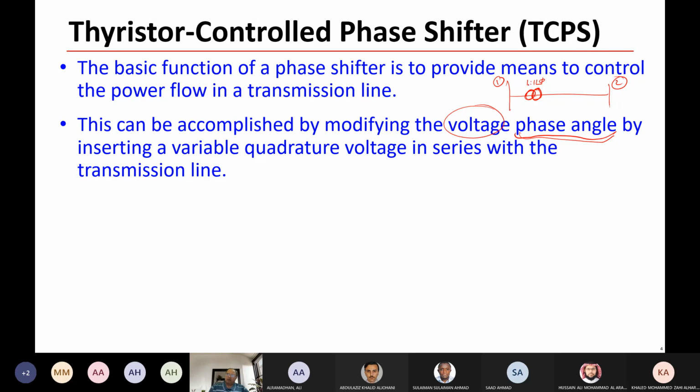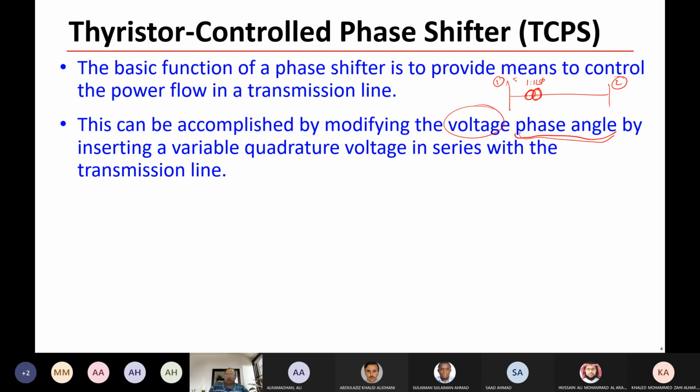The voltage magnitudes are almost the same, but if we consider the angle of the primary side, which is 1, to be 0, then we have the voltage here 1 with angle phi. Or if this is theta, this would be theta plus phi. So we have some phase shift between the primary and secondary.